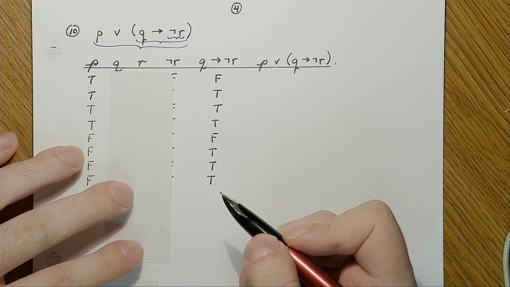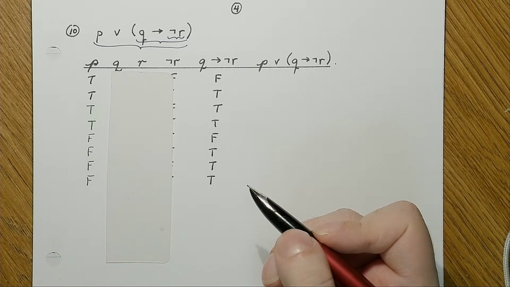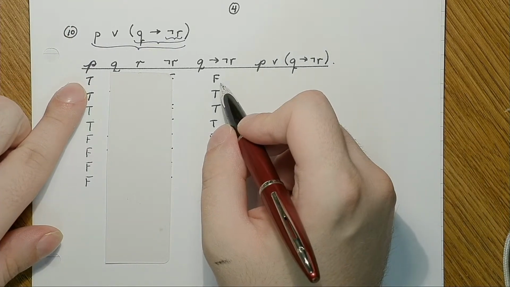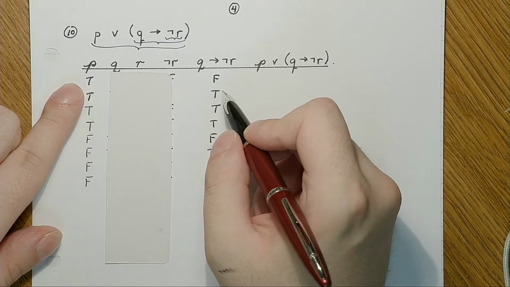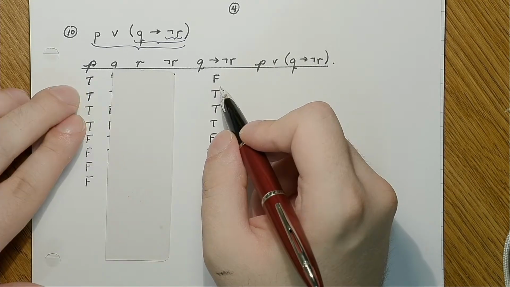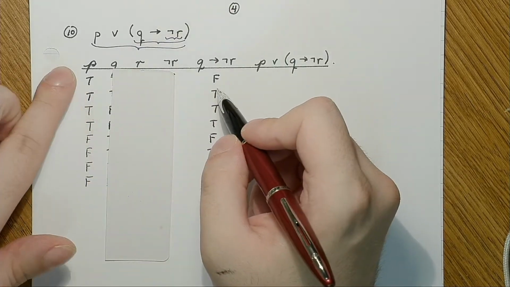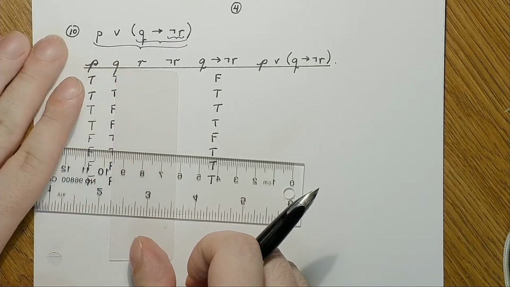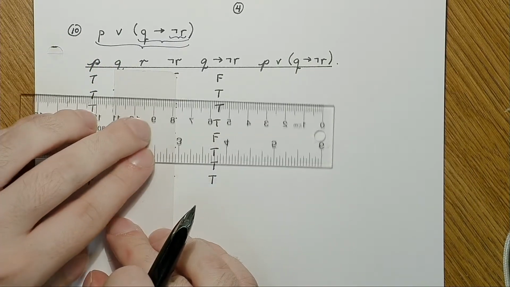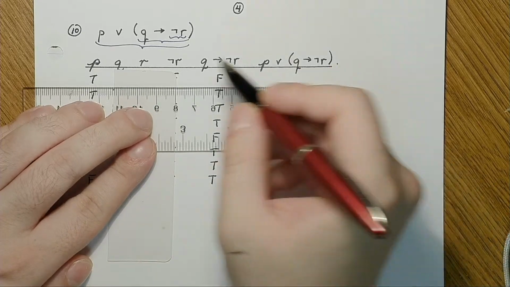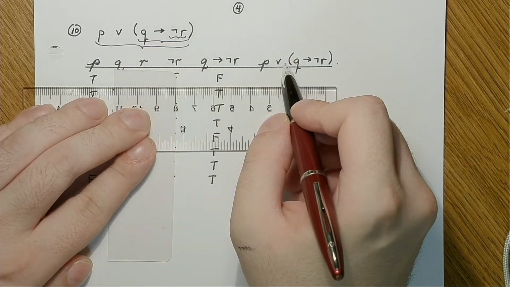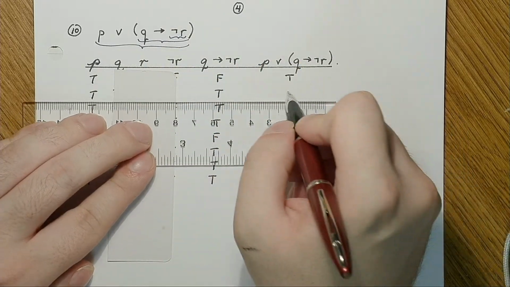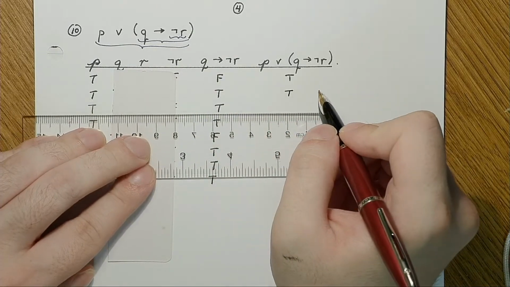Then I will apply the OR to these two columns. So I have P. For the OR, just one of them has to be true. So I have a true. So there it is. I have both of them. So that's true.